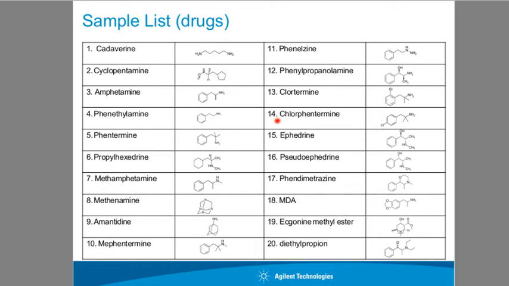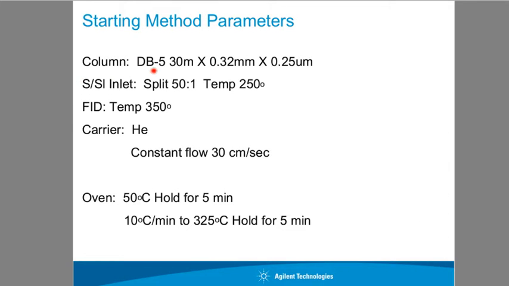So looking at this and also pre-existing information, I chose my column as a DB5, a standard dimension, 30 meter, 0.32 with a 0.25 micron film thickness. Split/splitless inlet, because that's the most common. Again, I'm going to start with a split injection to get the best chromatography initially, building upon that. If I need more sensitivity, I can always change that.